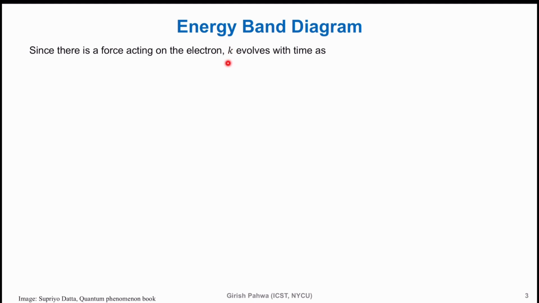So the electric field is going to apply the force, and K will evolve with time. How does it evolve? Force is equal to dp_c/dt, and p_c is h bar k, so h bar times dk/dt. We have seen this so many times now. Force is equal to minus q times the electric field, the electrostatic force, and the electric field is minus dV/dx, so the minus minus has become plus here.